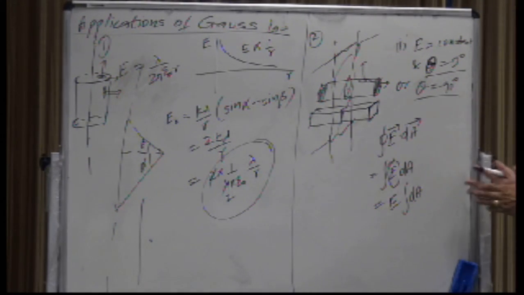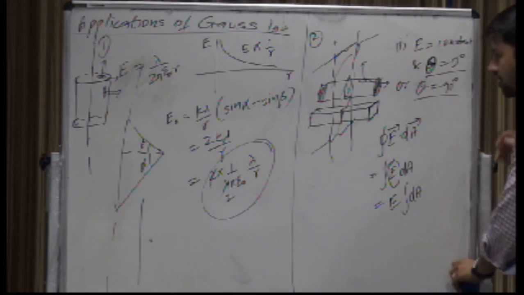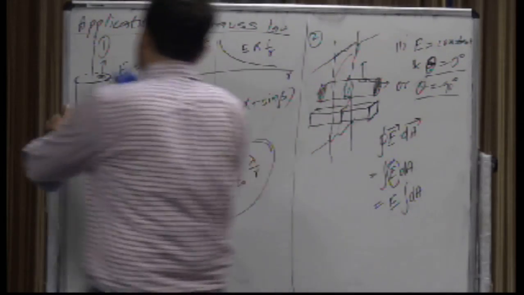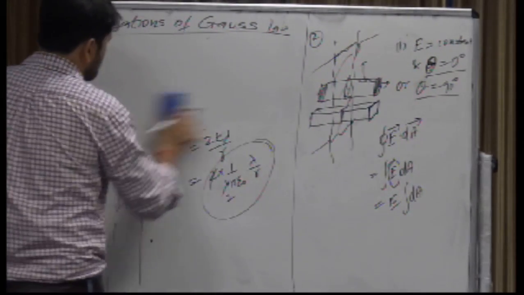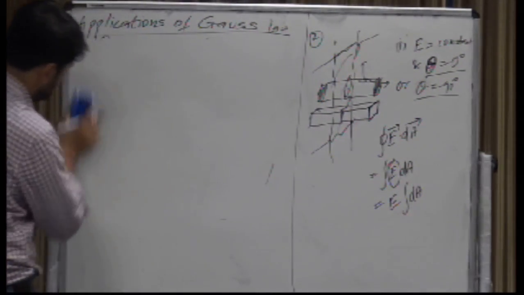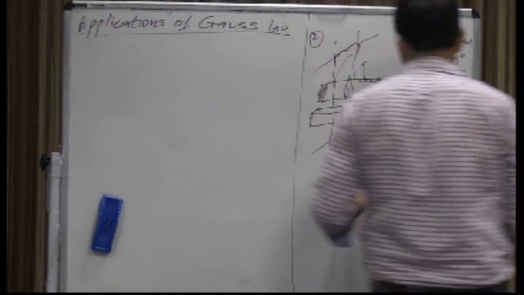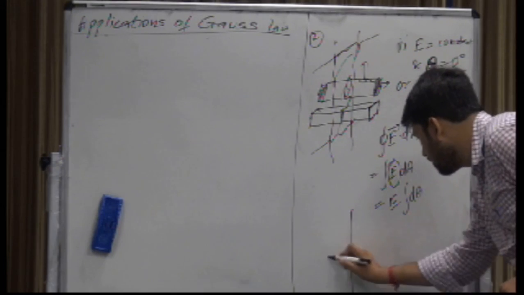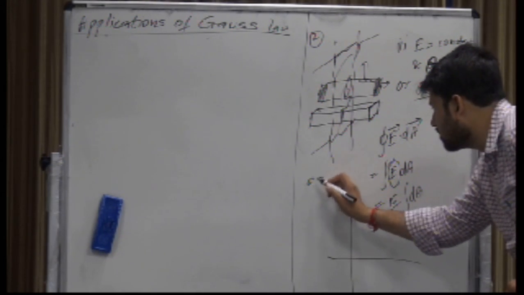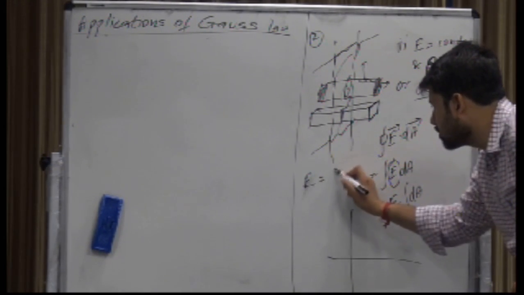That's how we pick. So let's check how well you pick. You already know, I'll draw the graph for this first. You know the field E is sigma upon 2 epsilon naught.